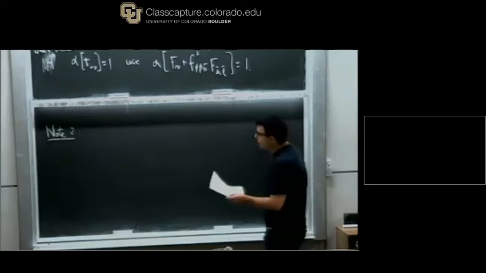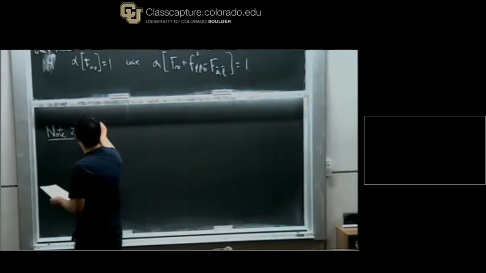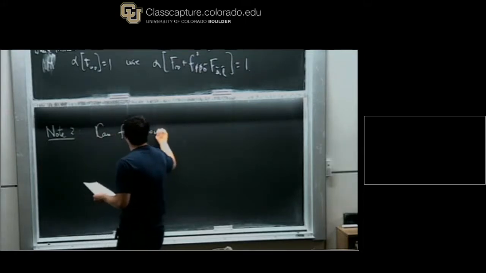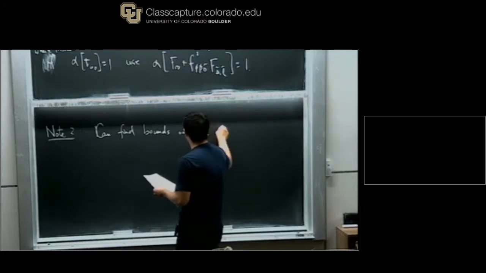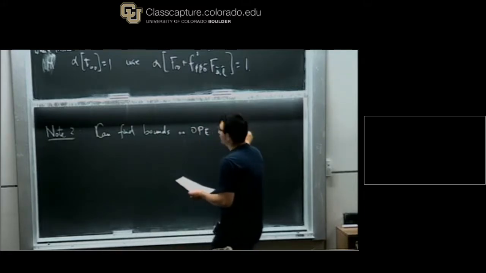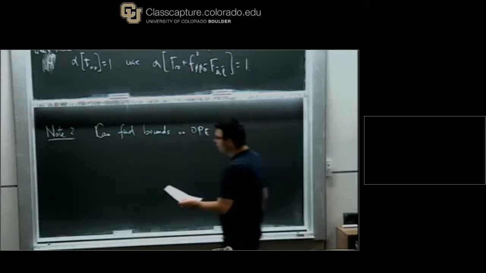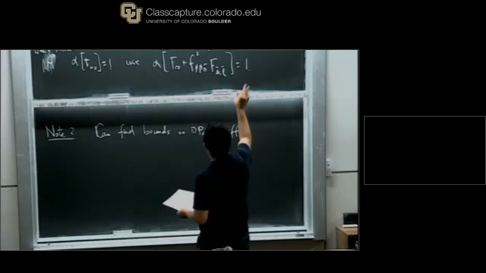Okay, and I want to say another thing about the OPE coefficients. Then we can find bounds even if we don't know the OPE coefficients. We can find bounds on OPE coefficients using a slight variation of that method, and it's as follows. Let's suppose we want to find a bound on this OPE coefficient f phi phi O tilde.